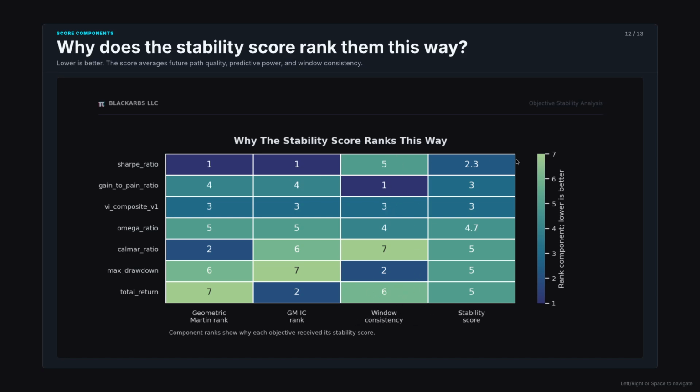And we use those ranks, come up with an average of those ranks, and that is the stability score. And we can see that the Sharpe ratio is the best, gain to pain ratio and the VI composite tied for second place. This is only for the extended period, I believe. This is not both periods averaged together.